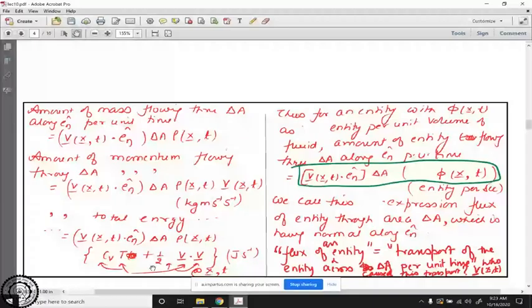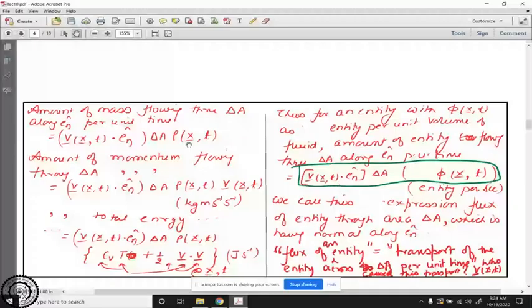Okay, so based on this understanding, I am making a general statement here for an entity, mass, momentum, energy, with phi xt as its measure of entity per unit volume. The amount of entity that flows through delta A can be written in this fashion: Vxt dot En delta A, which is the same as what I had earlier.